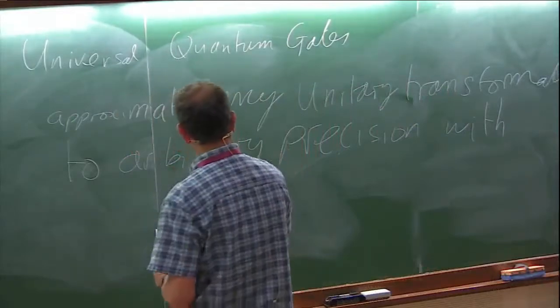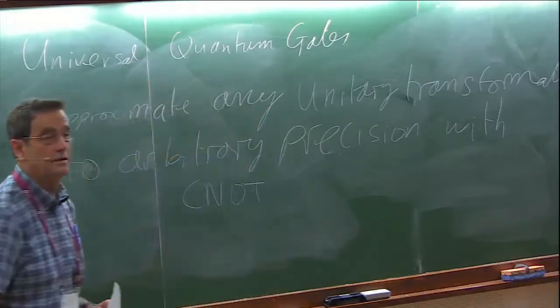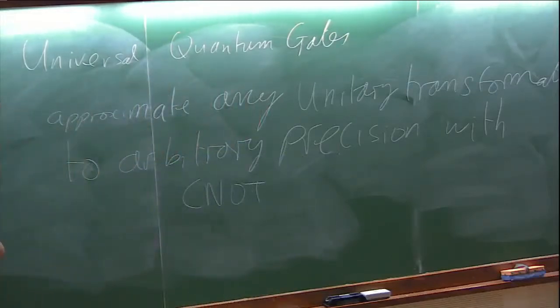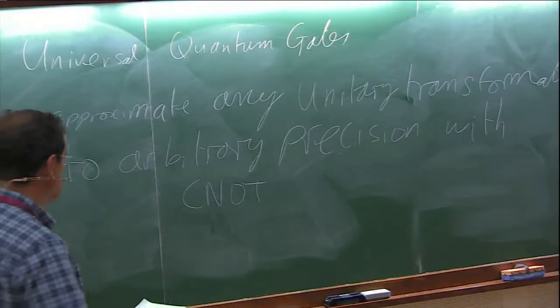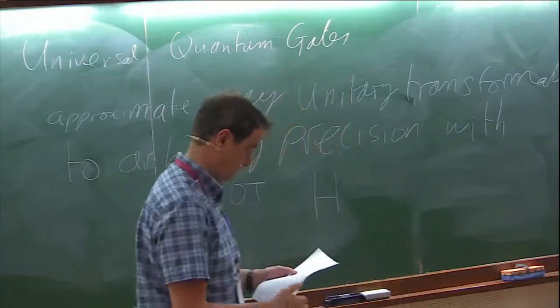We need a CNOT gate. This is the only 2-qubit gate we actually need to be able to do universal quantum computation. And needless to say, the Hadamard.